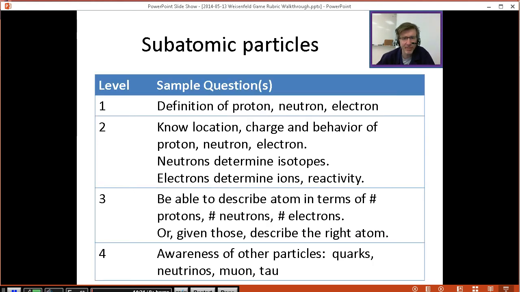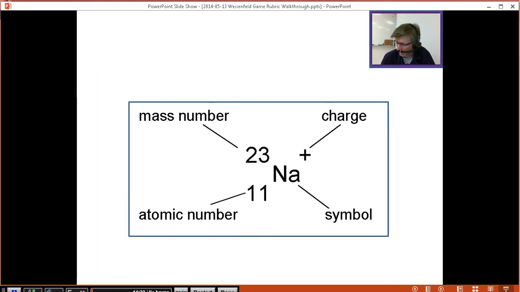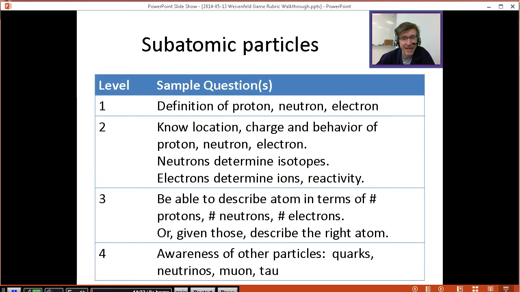There are certain subatomic particles you need to know about: proton, positive charge; neutron, neutral; protons and neutrons, relatively similar masses; electrons, very light, negative charge, outside the nucleus. Alright, so you need to know the location.